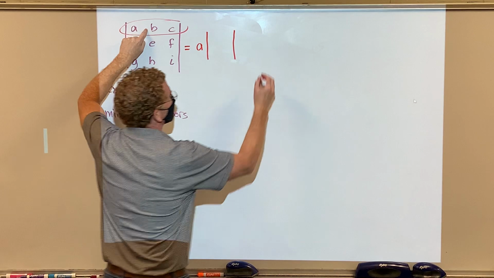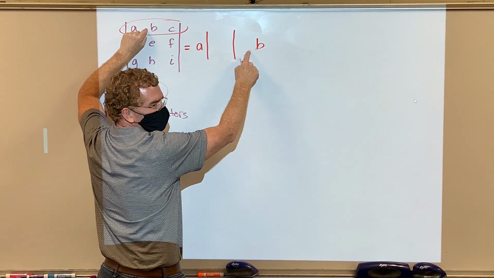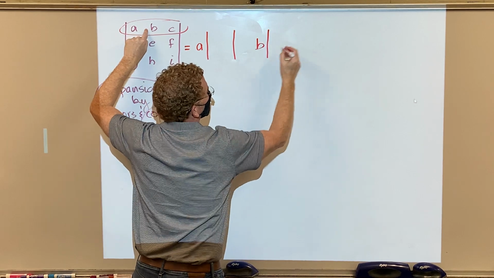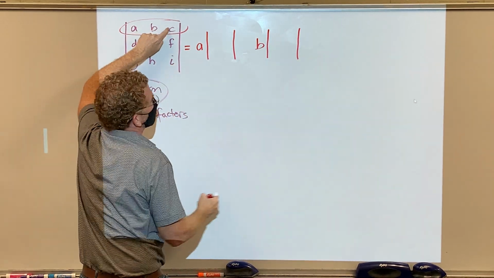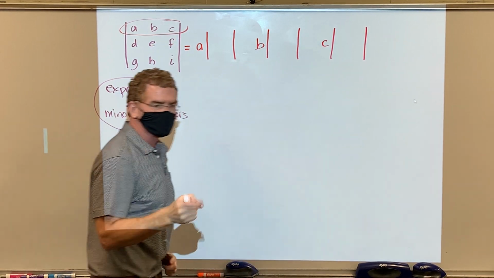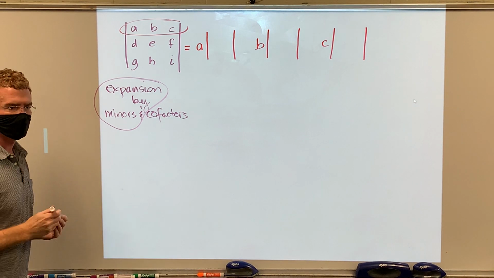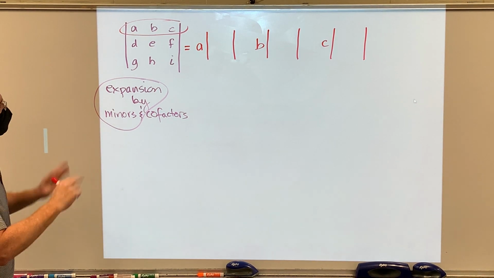Then I'm going to copy B down, put it over here, leave a little space for a sign, like a plus or minus, and put another determinant. And then I'm going to copy C down and put another determinant. You're going to see in a second, this is going to seem really long, but it's not going to be as hard as the explanation seems.